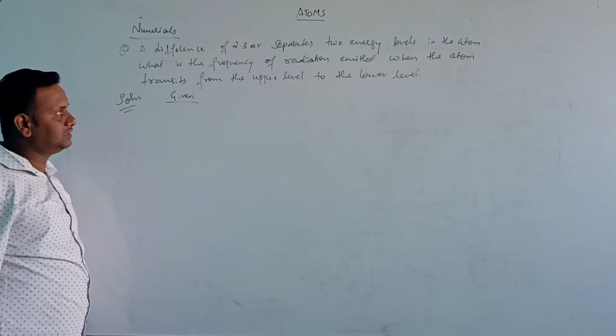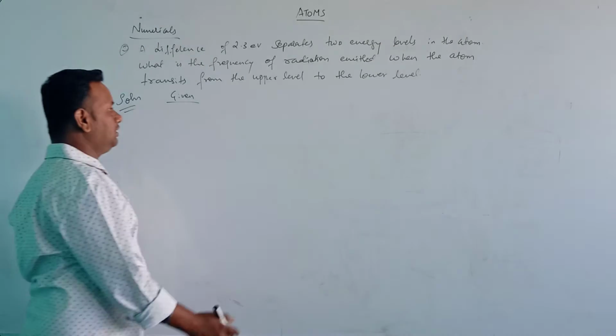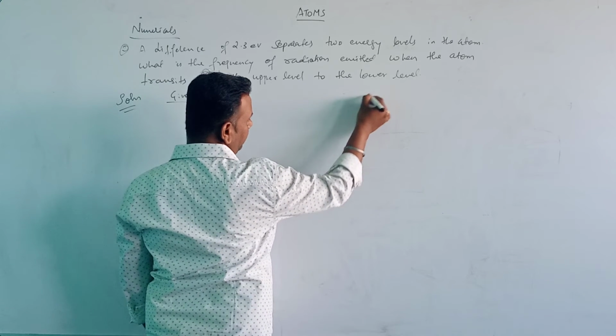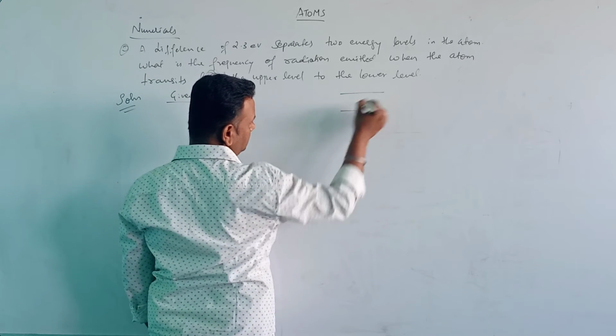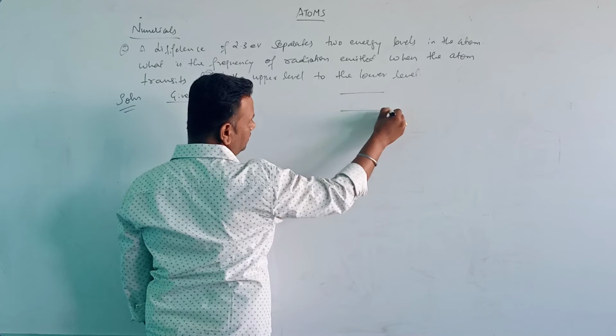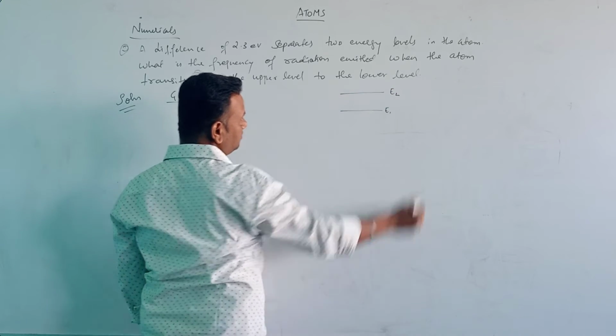Two energy levels in the atom. Say for example, we are having the two energy levels, one is E1, the other one is E2.